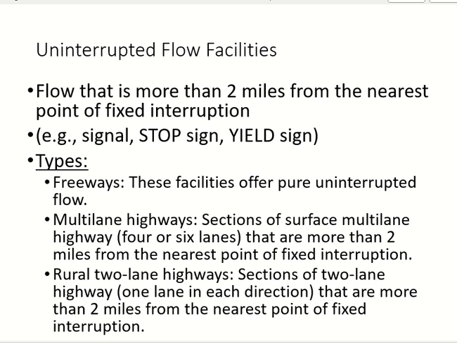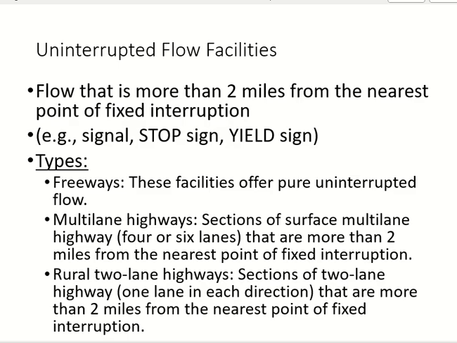Now, including this extension, we have three types of highways. The first one is a freeway. A freeway is a highway without intersections. The second and third are included when you consider this factor: multi-lane highways and rural 2-lane highways have some parts that are uninterrupted.